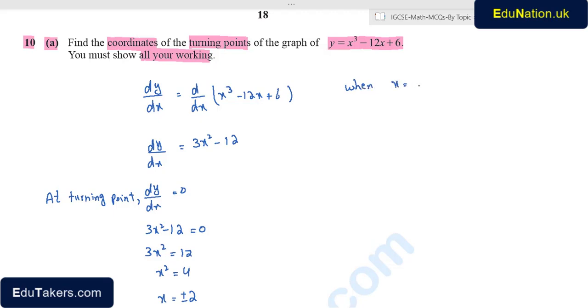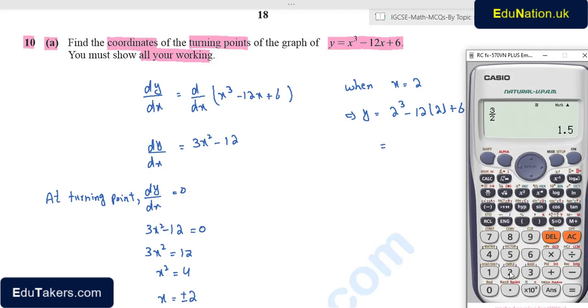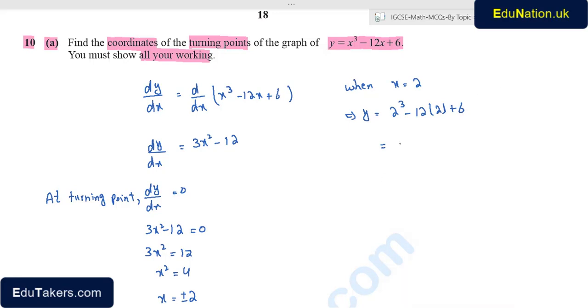So when x is equal to 2, y is equal to 2 cube minus 12 into 2 plus 6, which is equal to minus 10. So 2, minus 10.